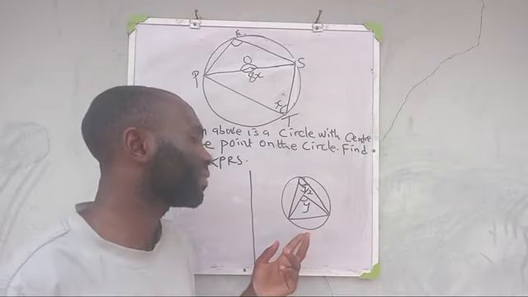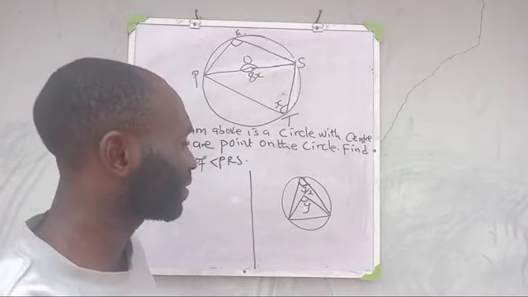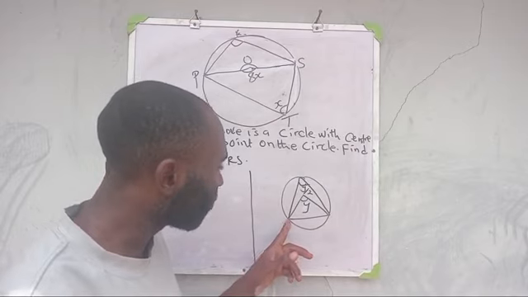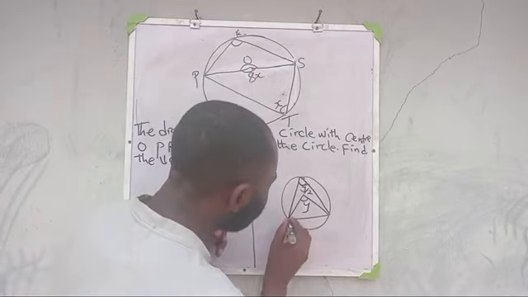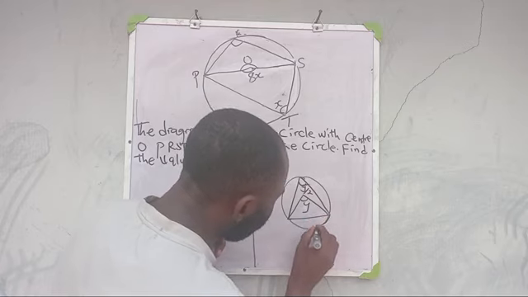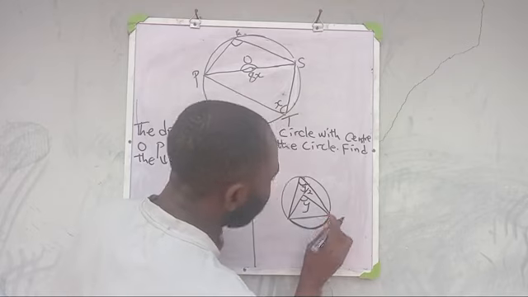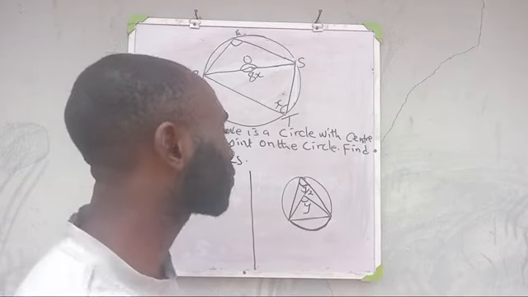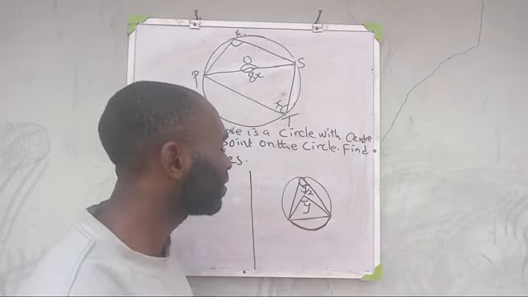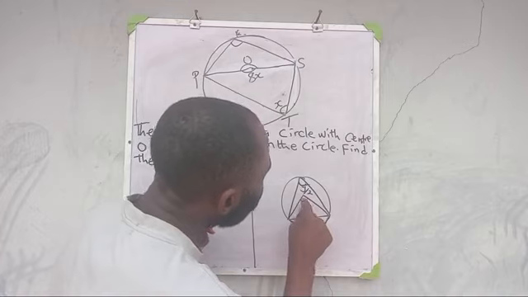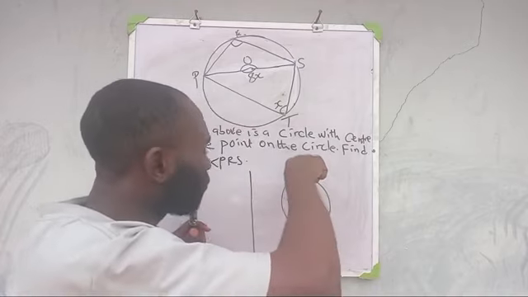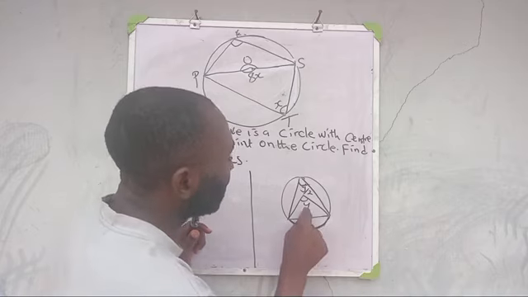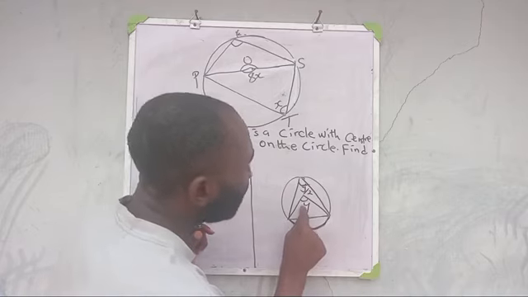The first theorem of circle geometry states that if a chord or an arc, this line here to here, this line that joins the circle here is a chord, sustains an angle at the center, then the angle that is sustained at the circumference by that same chord is half of the angle at the center.